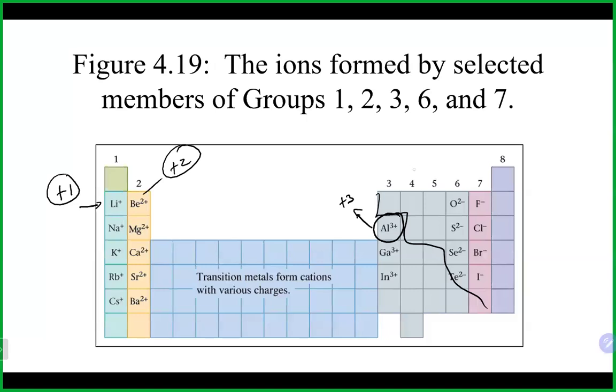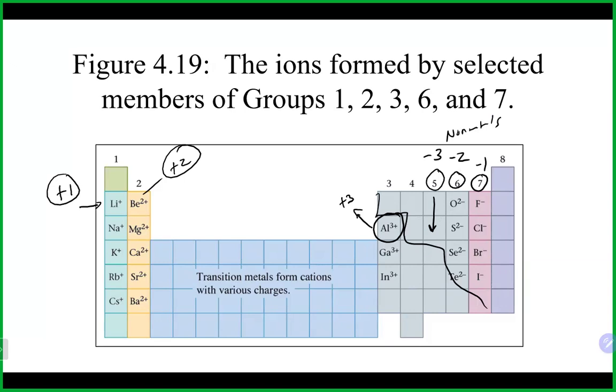We actually skip group 4. And at group 5, where our nonmetals are, -3 for our nonmetals. Group 6, -2, again for the nonmetals. Group 7, -1. So it's kind of like +1, +2, +3, skip, -3, -2, -1. So go 1, 2, 3, skip, go backwards, 3, 2, 1.